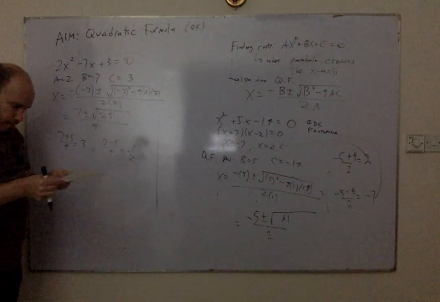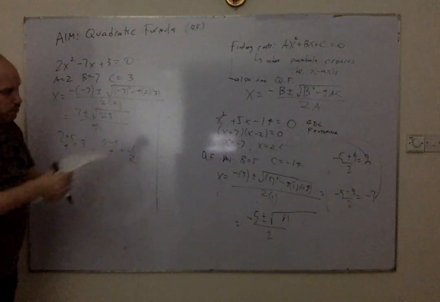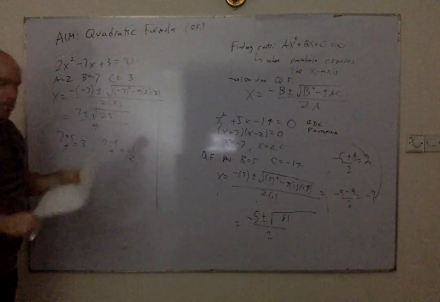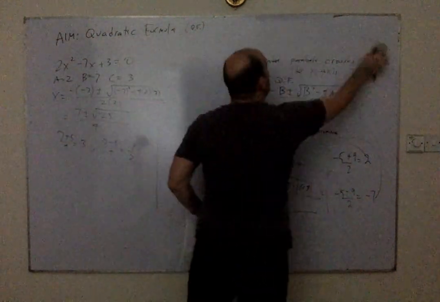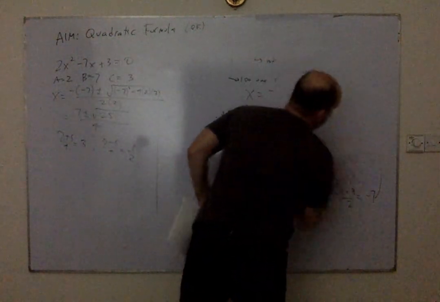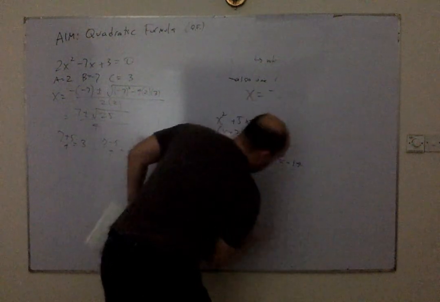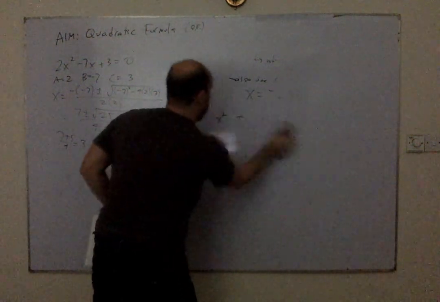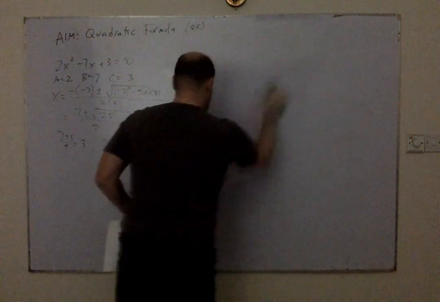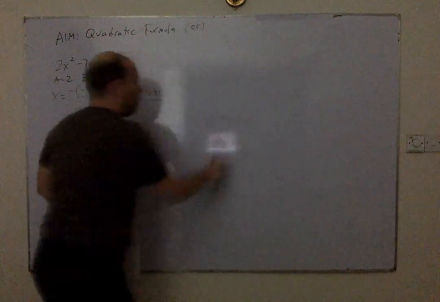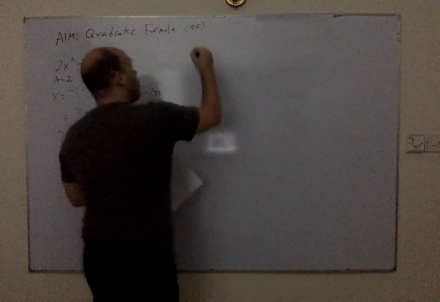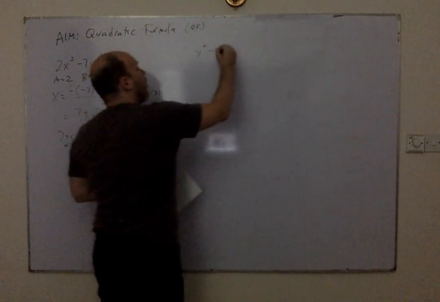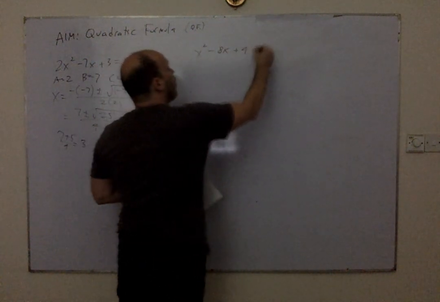Okay. Let's try, there's 3 more I want to cover. How about x squared minus 8x plus 4 equals 0.